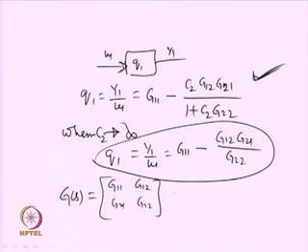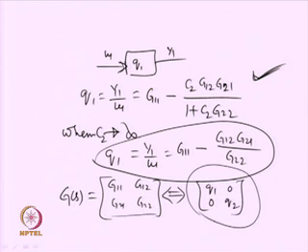Now, its equivalence will be given by a transfer matrix of the form Q1, 0, 0, Q2. Okay. So, once it has been possible to convert this TITO dynamics into this equivalent diagonal form, then it will be very easy to extend the relay feedback technique we have described for the single input, single output system.